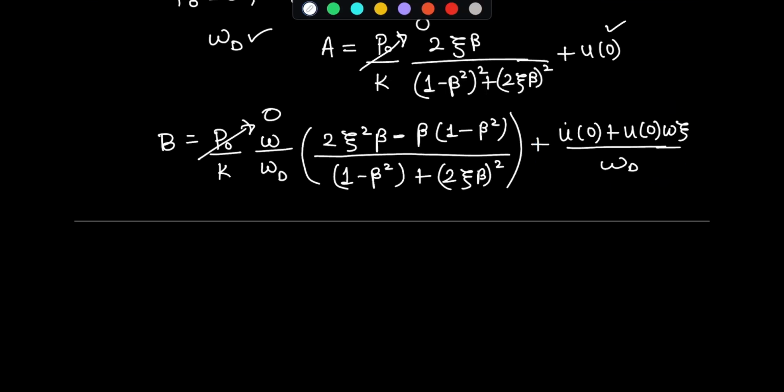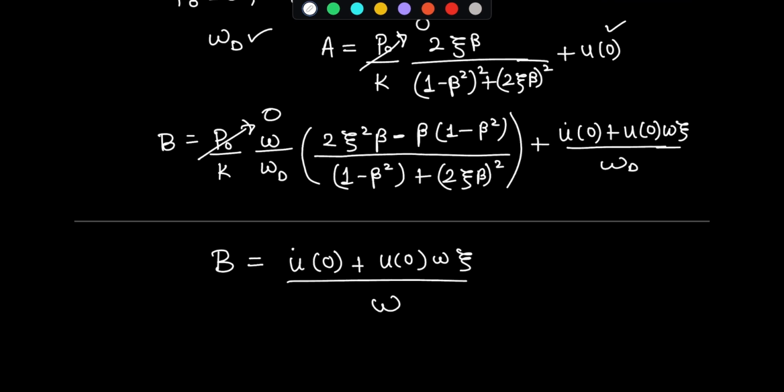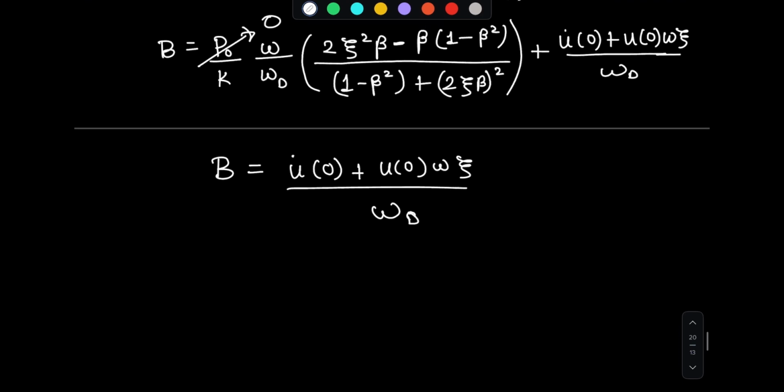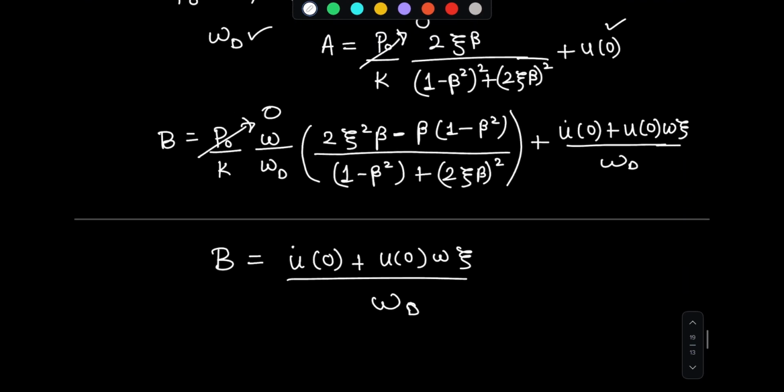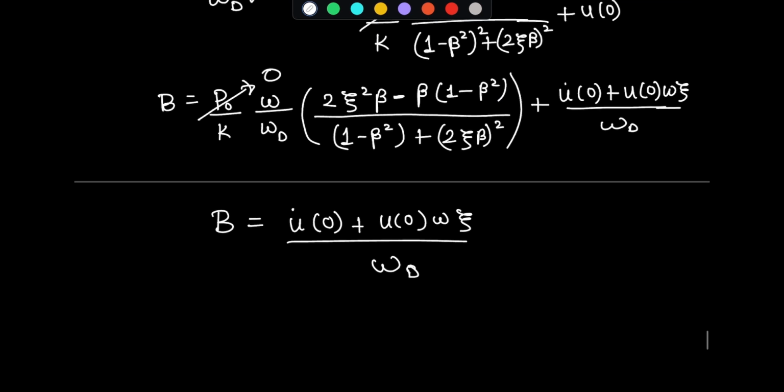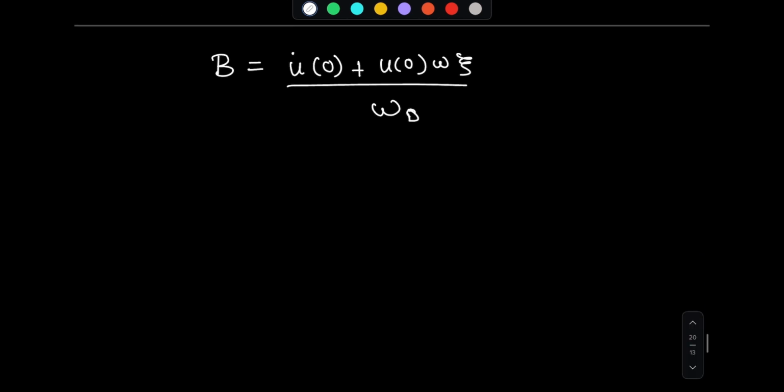So p naught would again go back to 0 and we would get B equal to u dot naught plus u naught omega zeta by omega d. As it is a case of free response, we will again have only the complementary solution.